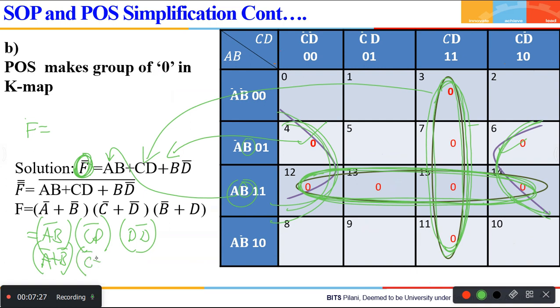C bar plus D. Sorry, C bar into D bar. C bar plus D bar, exactly. Into, can you tell me? So this is BD bar, okay? BD bar. This is now B bar plus D bar, B plus D.